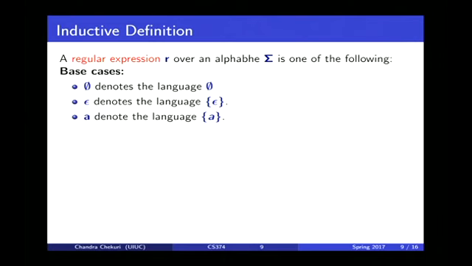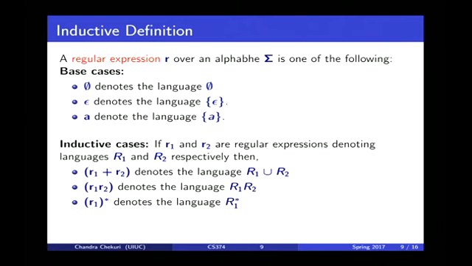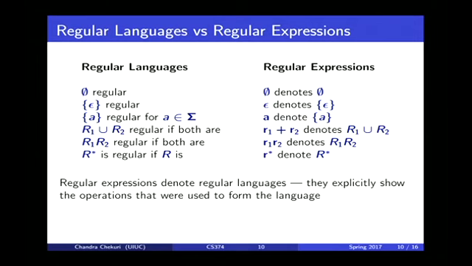If R1 and R2 are regular expressions denoting the languages capital R1 and capital R2, then we'll use R1 plus R2 to denote their union, R1 R2 to denote the concatenation, and R1 star to denote the language R1 star. How did we define regular languages? We said these three are base cases: the empty set, the set containing epsilon, and for every alphabet letter, the set containing that letter. Then if you have regular languages, you can take their union, concatenation, and Kleene star, and they are all regular languages.